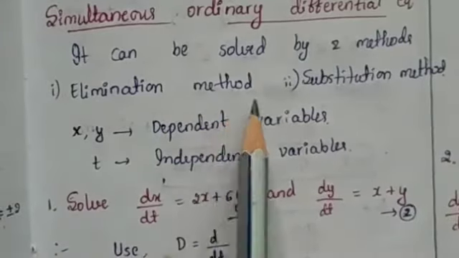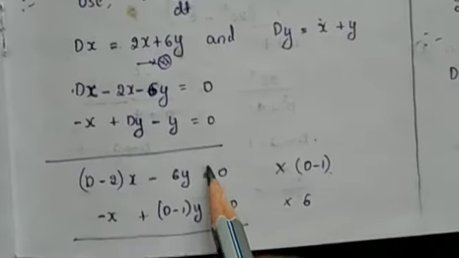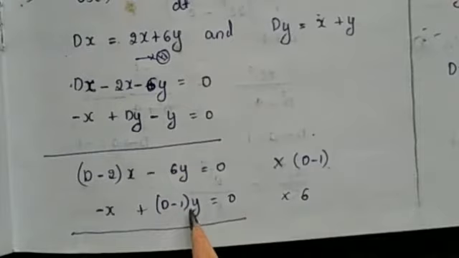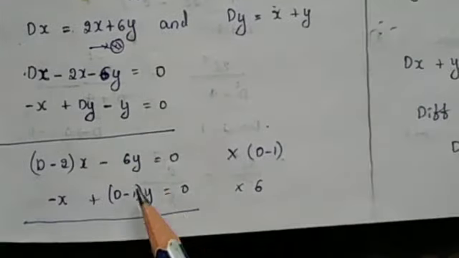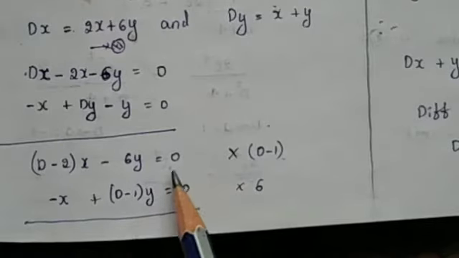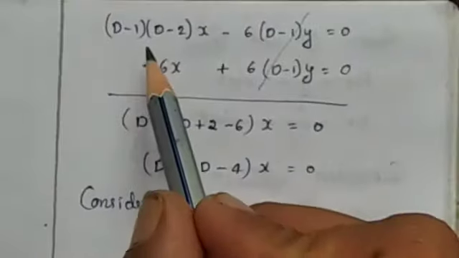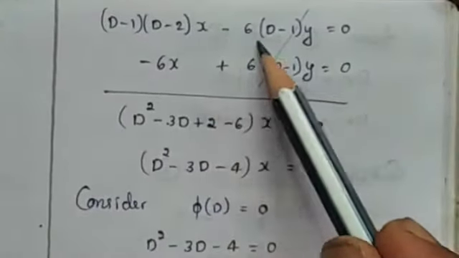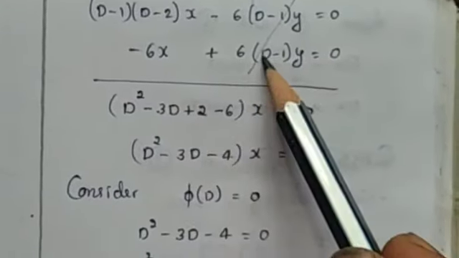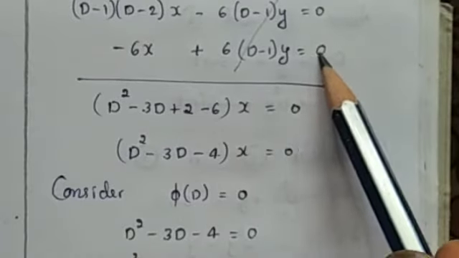Taking x as the common factor, you get (D minus 2) x minus 6y equal to 0, and minus x plus, taking y as common, (D minus 1) y equal to 0. For solving these equations, you multiply (D minus 1) to the first equation and 6 to the second equation. Then you get (D minus 1)(D minus 2) x minus 6(D minus 1) y equal to 0, and minus 6x plus 6(D minus 1) y equal to 0.